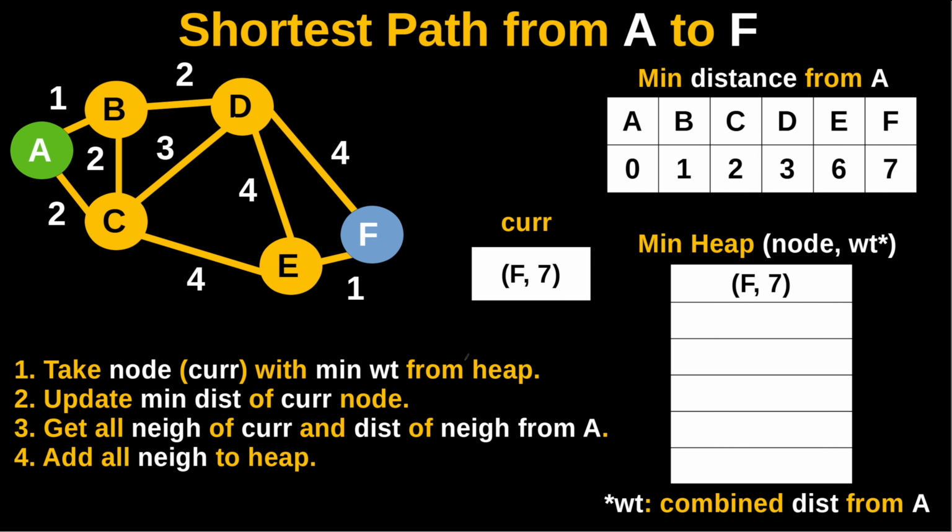It is worth noting that every time we take the top item off the heap, we always check whether that node, the current node, whether the distance has been updated in the minimum distance table. If we see that the minimum distance is updated, then we will skip that node. If it is not, then we will update the table.